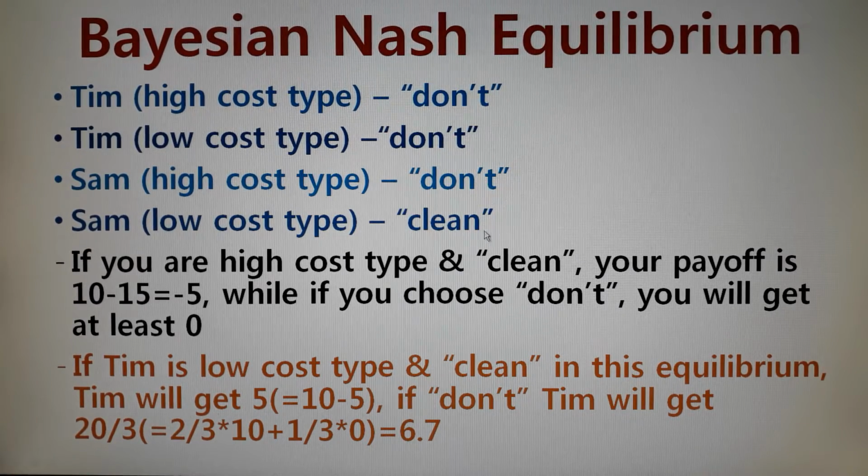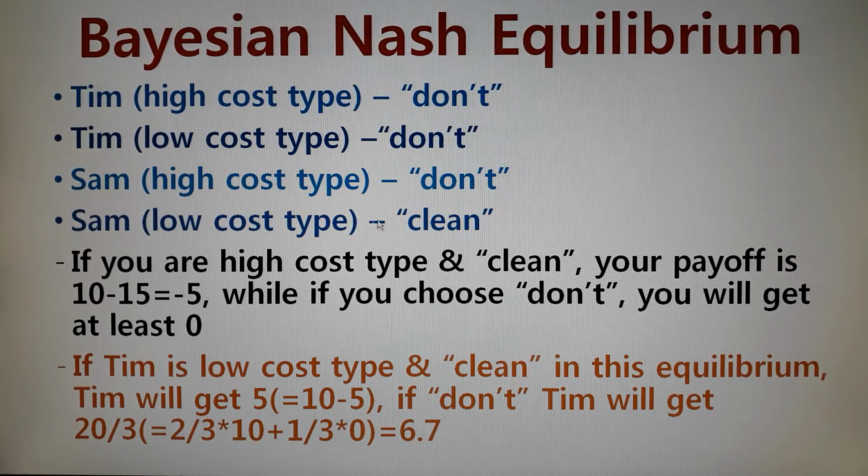How can this be the Bayesian Nash equilibrium? Once again, high cost type cleaning doesn't make sense. In this case, if Tim is low cost, what is he getting? When he's low cost, he does not know whether Sam is high cost or low cost.